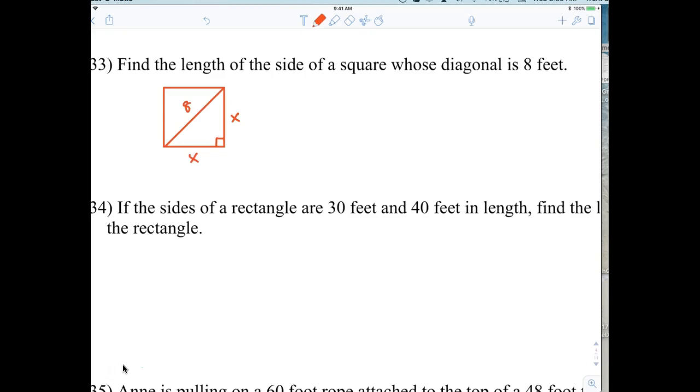So when you're using a squared plus b squared equals c squared, x squared plus x squared equals 8 squared, 2x squared equals 64, x squared equals 32, so x is 4 radical 2.